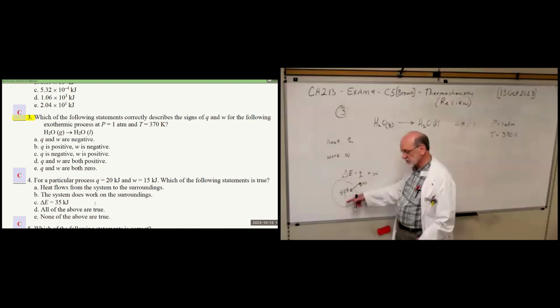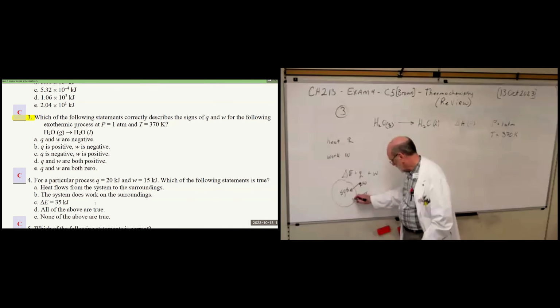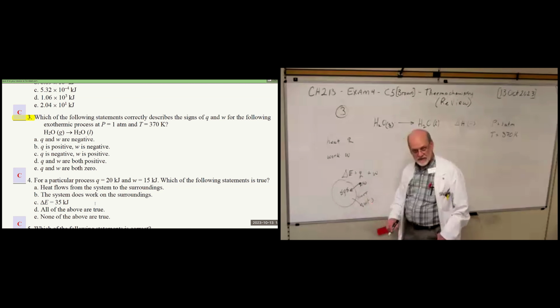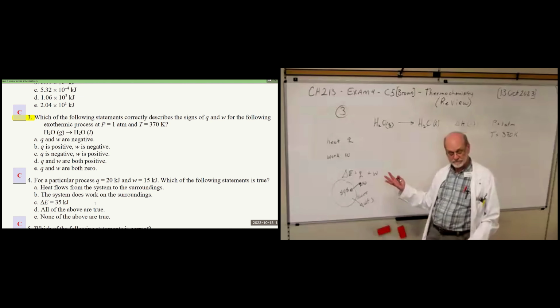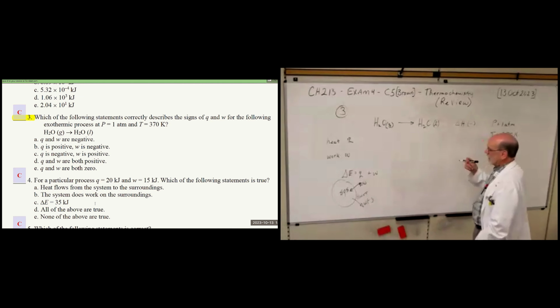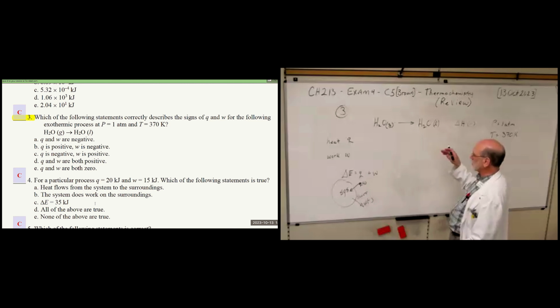If the system does work on its surroundings, like this, that's going to be negative. The system is doing work on its surroundings. All right, this is one where it would be good to have a picture.